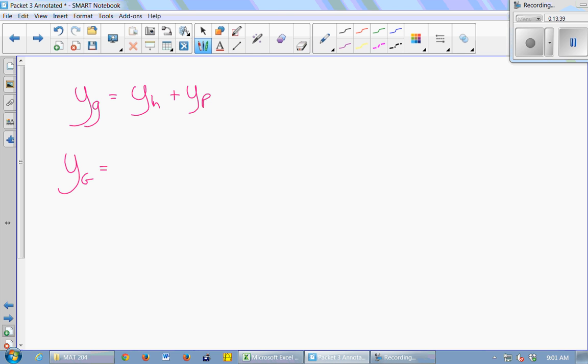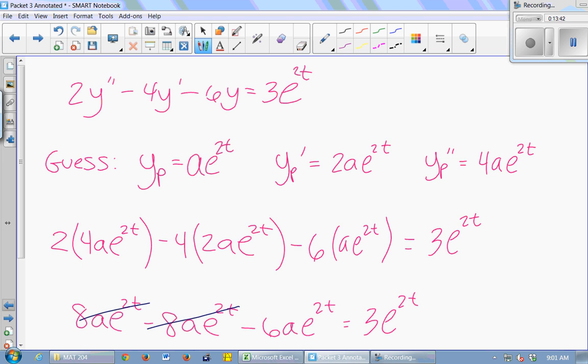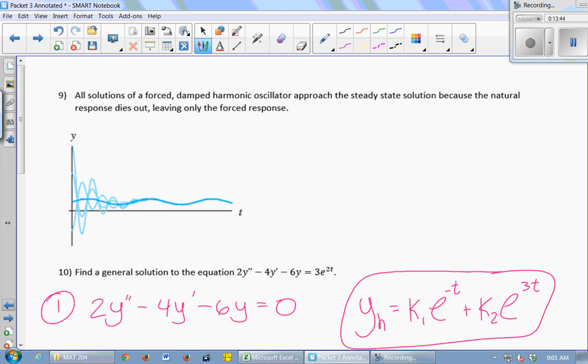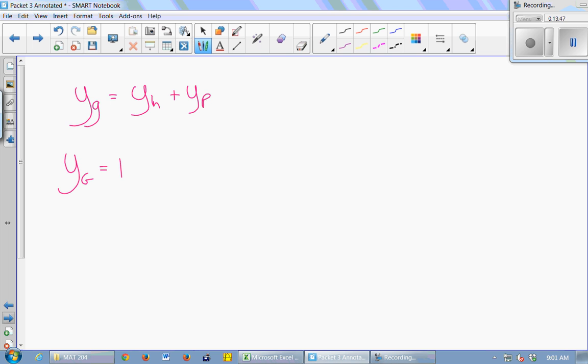So my y general is k1 e to the negative t minus 1/2 e to the 2t plus k2 e to the 3t. So there's my general solution.